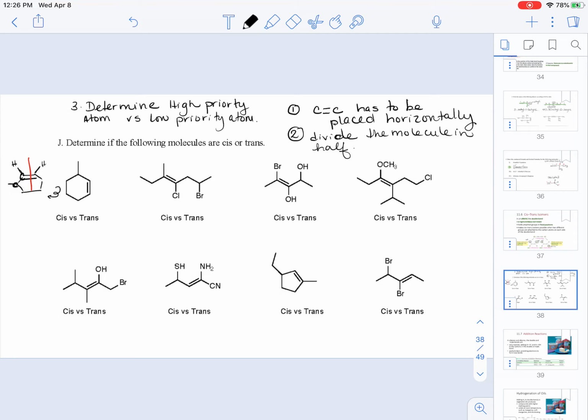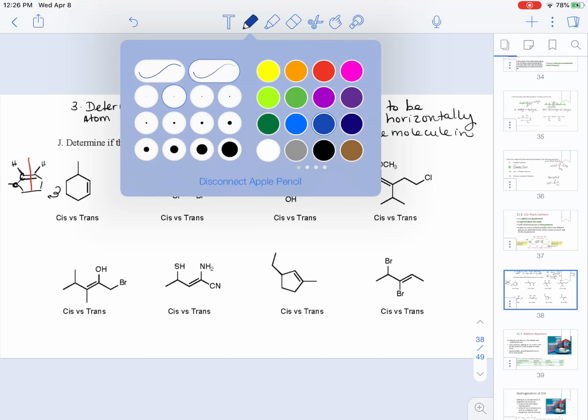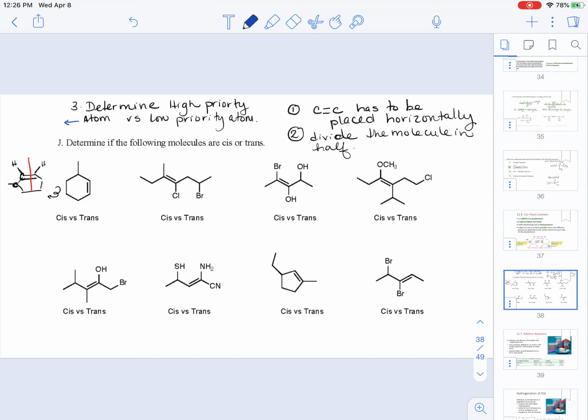How do I determine that? The high priority atom is going to have the highest atomic number. The lowest priority atom is going to have the lowest atomic number.